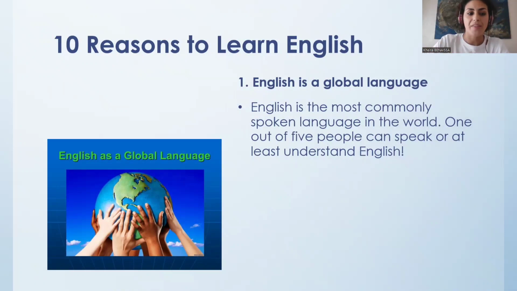And more than that, 27 other countries use English as the second official language. Like in India, for example, like in China, for example, in Palestine, in Saudi Arabia, they use English as the second official language.